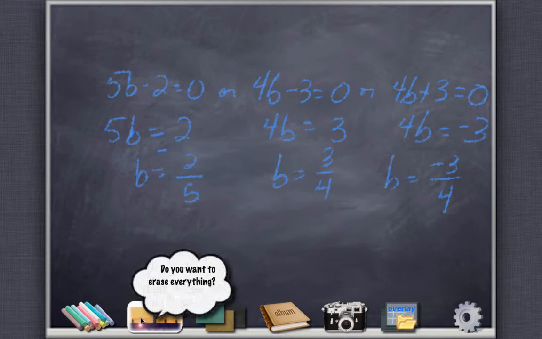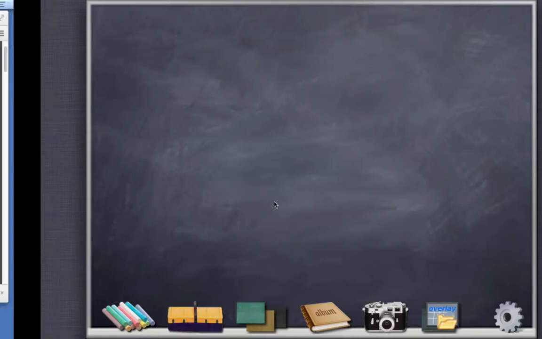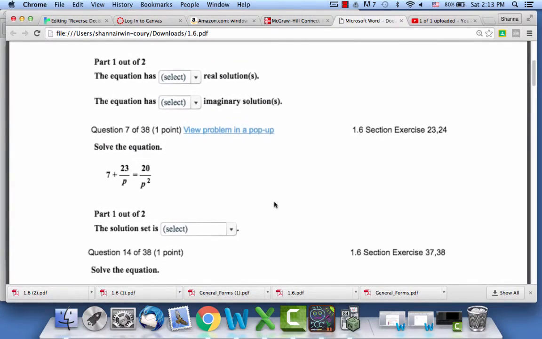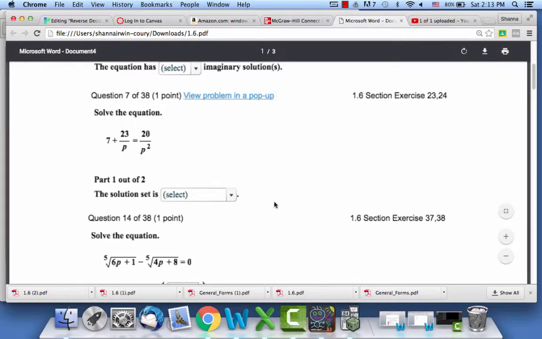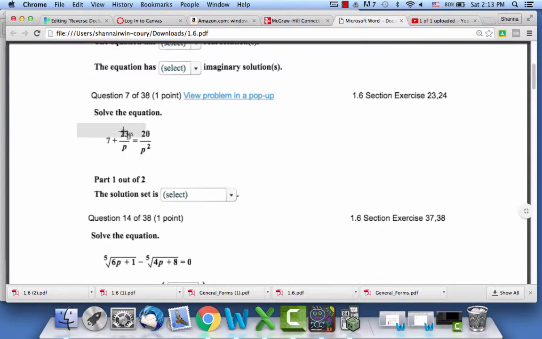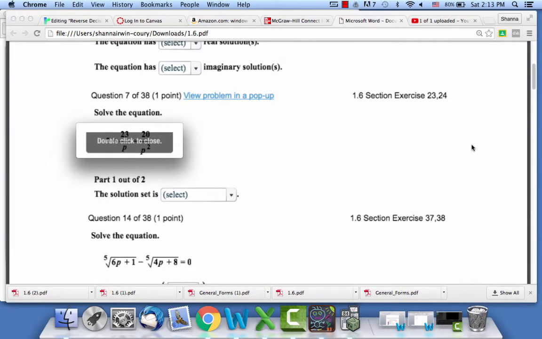Okay, so the next one, I don't have 0 on one side, so I need to get 0 on one side.